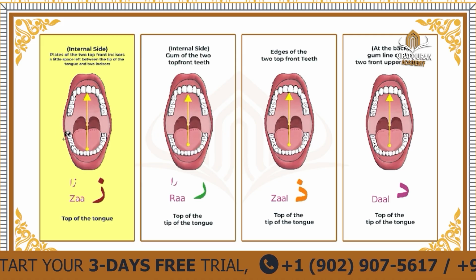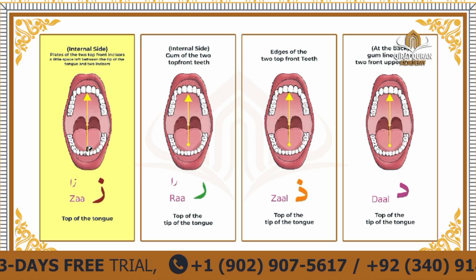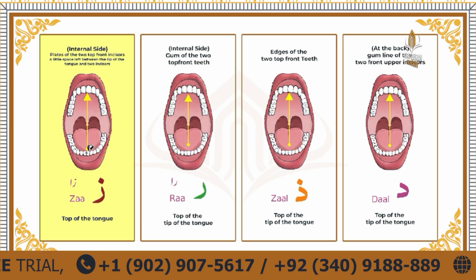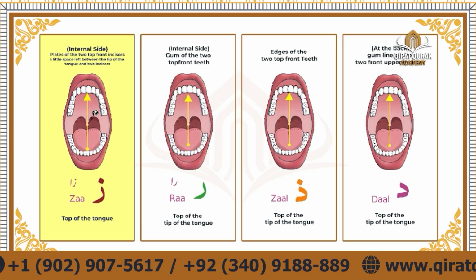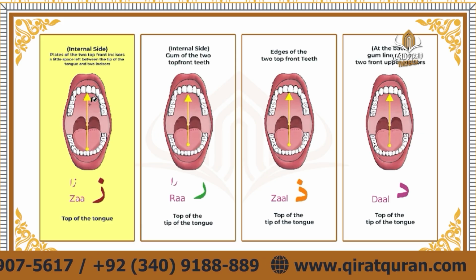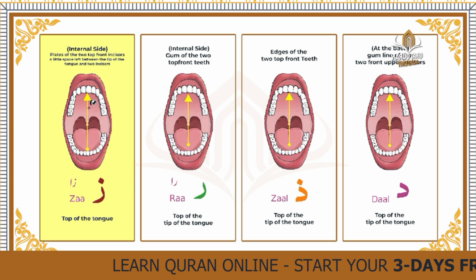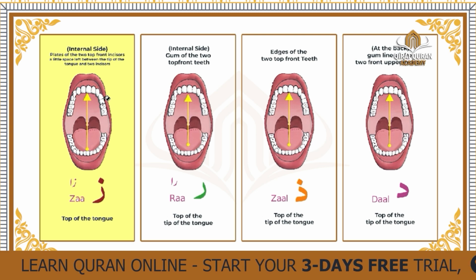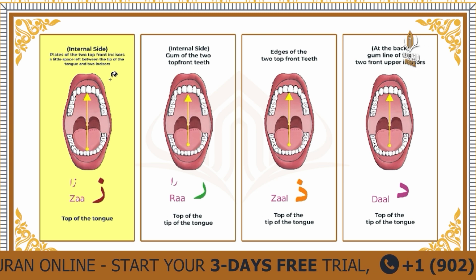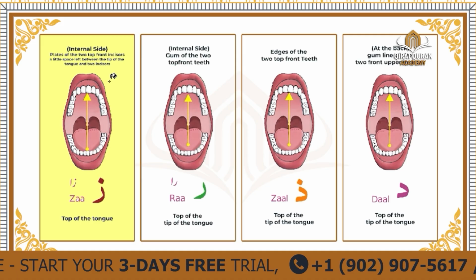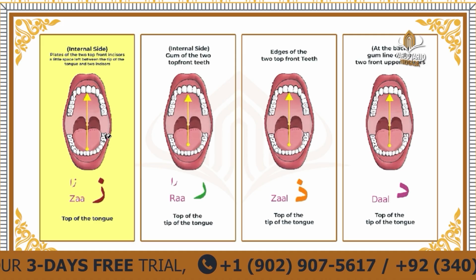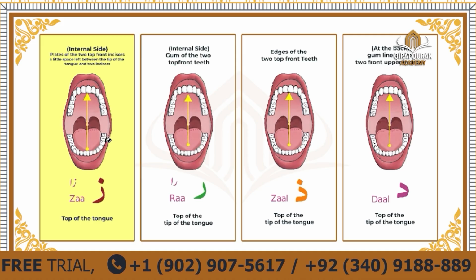This is the top of your tongue, and you have to use this part of your tongue, and it will go to the plates of the two top front incisors, and a little space is left between the tip of the tongue and the two incisors. That's how you can pronounce Za.